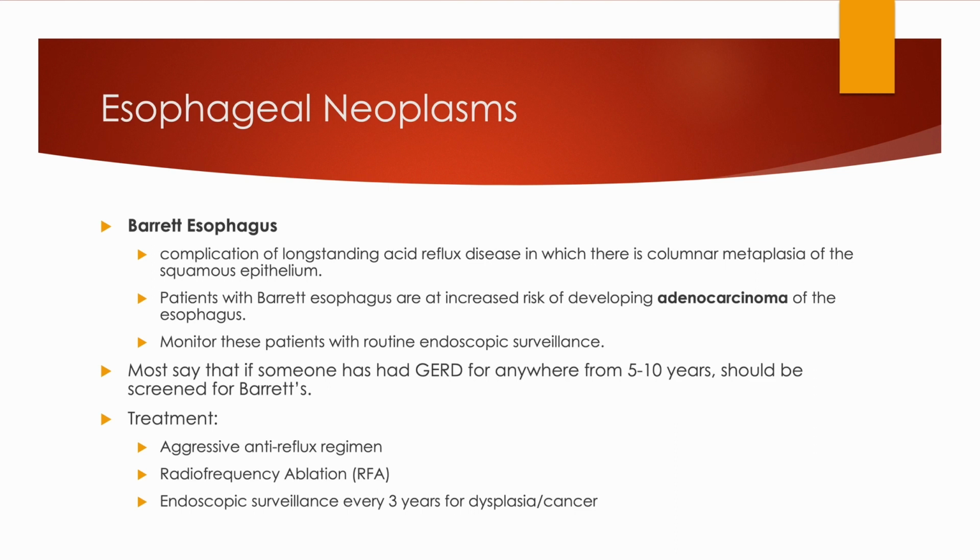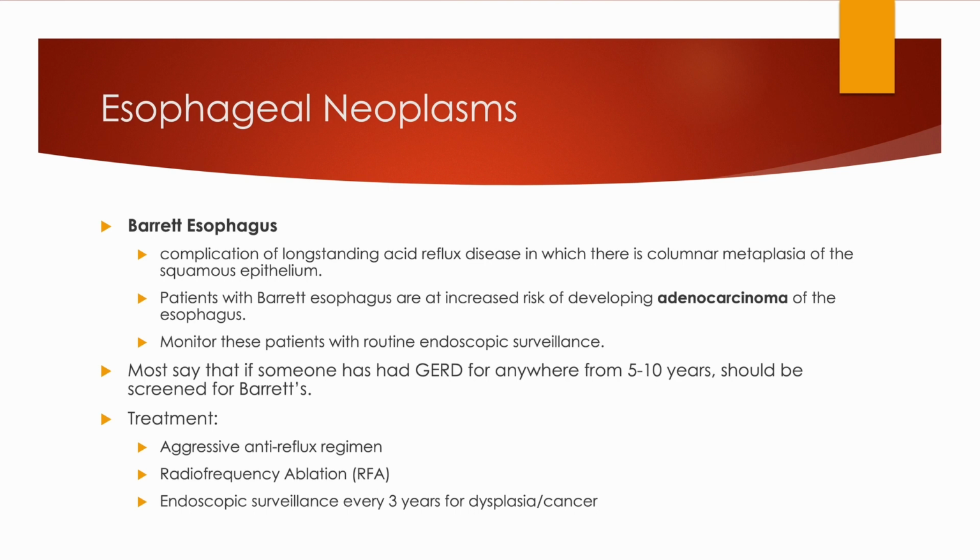So in our stomach, we've got these columnar cells that are good at withstanding high acid contents, right? And what happens is that over a period of time, we get all this splashing of acid because of GERD up into the distal esophagus, right at the lower esophageal sphincter area.